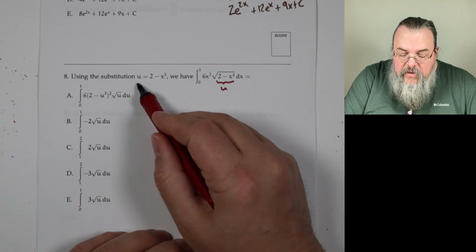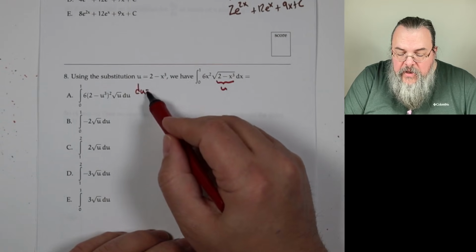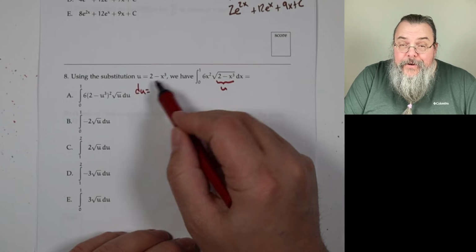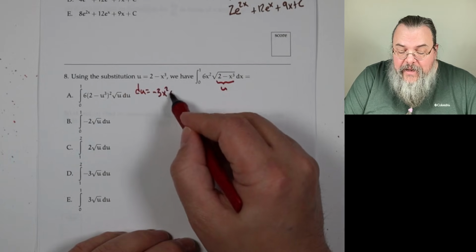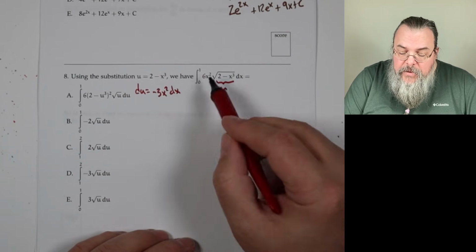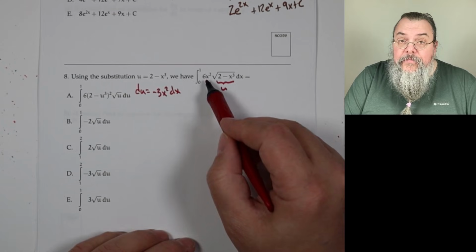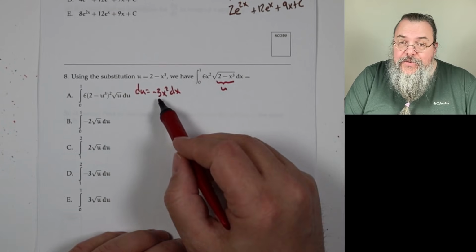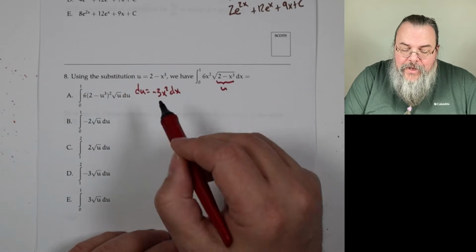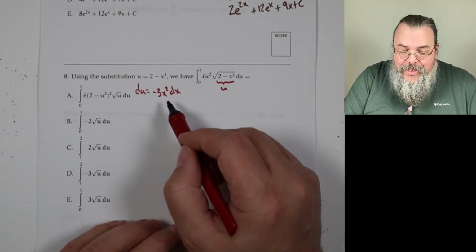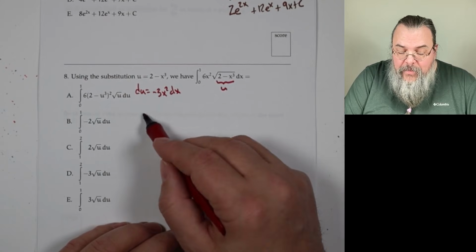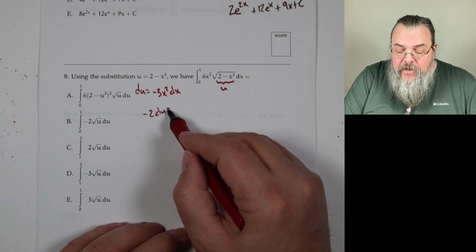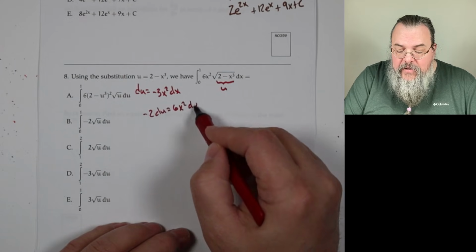u equals 2 minus x cubed, so let's do our du. So take the derivative of 2 minus x cubed: minus 3x squared dx. You say, well, what do we have here? Well, we have a 6. Well, how do we make a minus 3 into a 6? Well, what we can do is use our fancy technology here called multiply by negative 2. So minus 2 du is 6x squared dx, right?